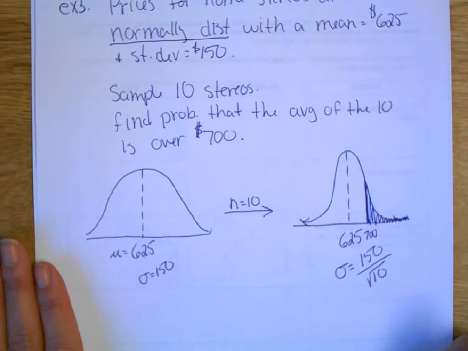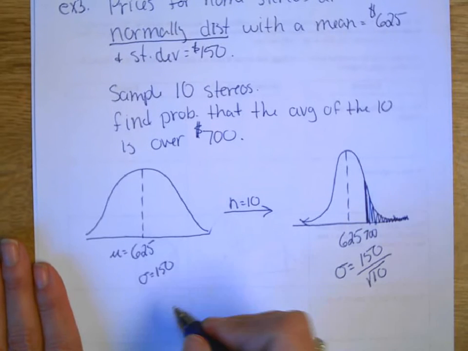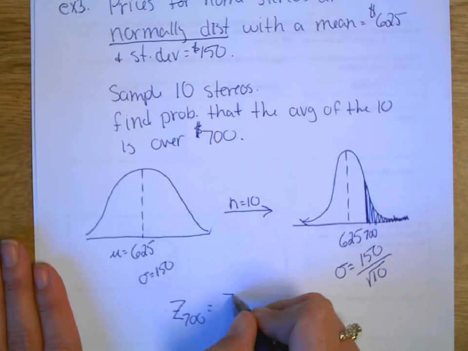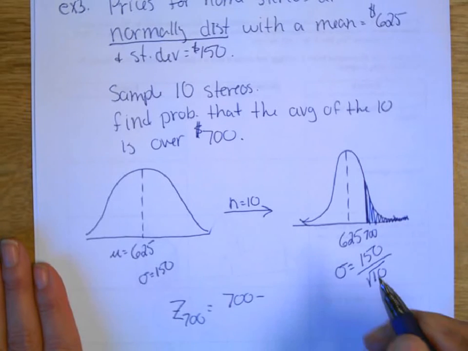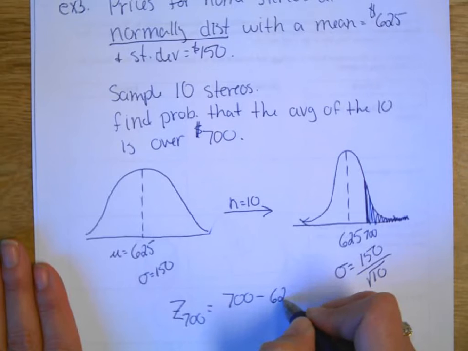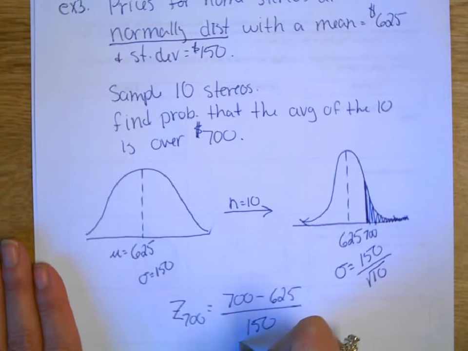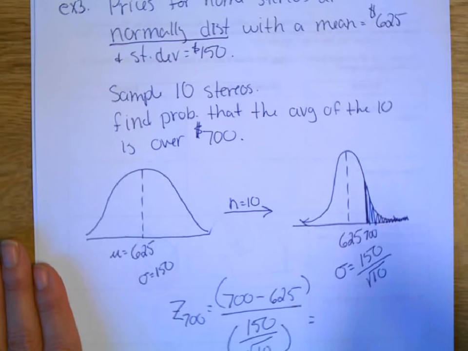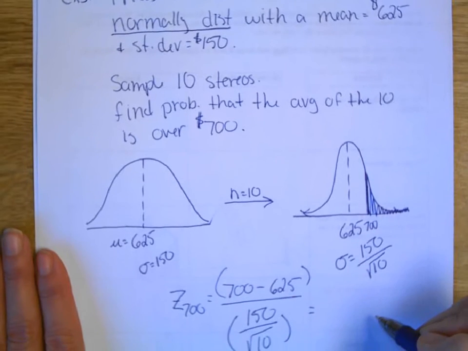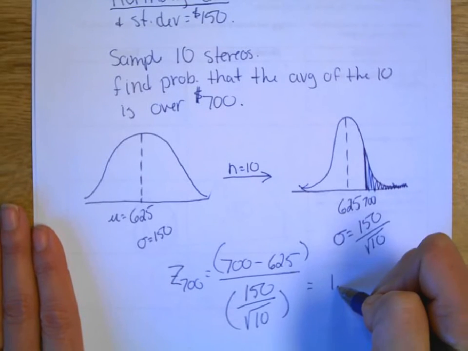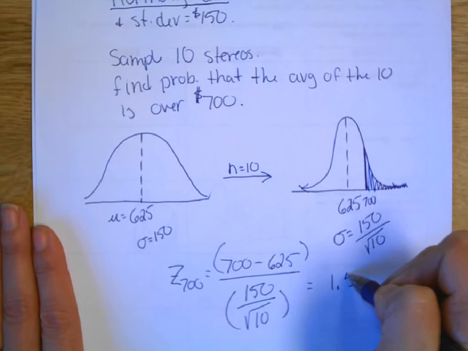Now what? For what number? 700. Use parentheses. Should be positive. 1.58. Do we agree with 1.58?